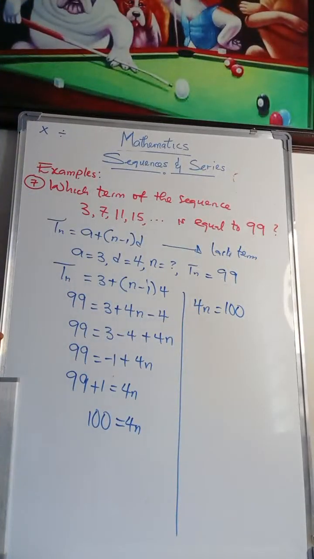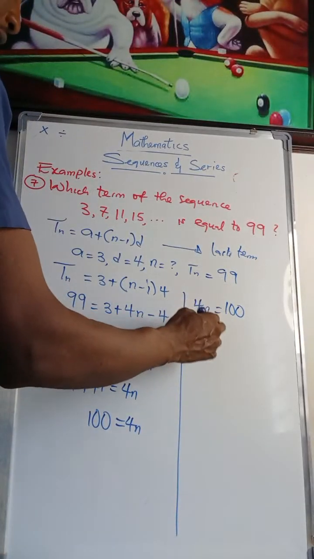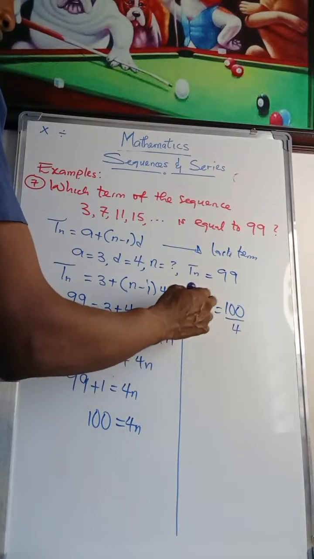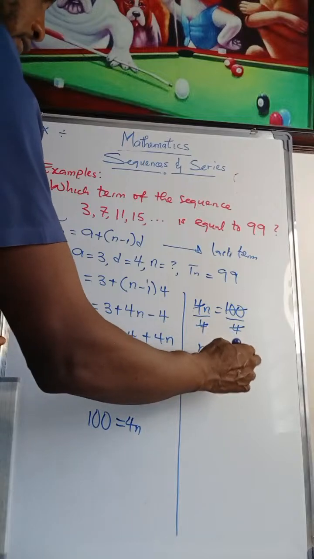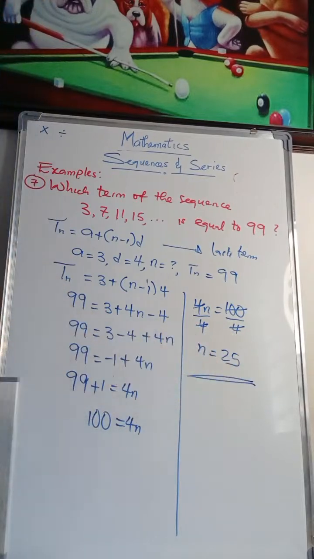We divide both sides by 4. So n equals, how many 4s can we see in 100? 25. So that means the 25th term of this arithmetic sequence will give us 99.